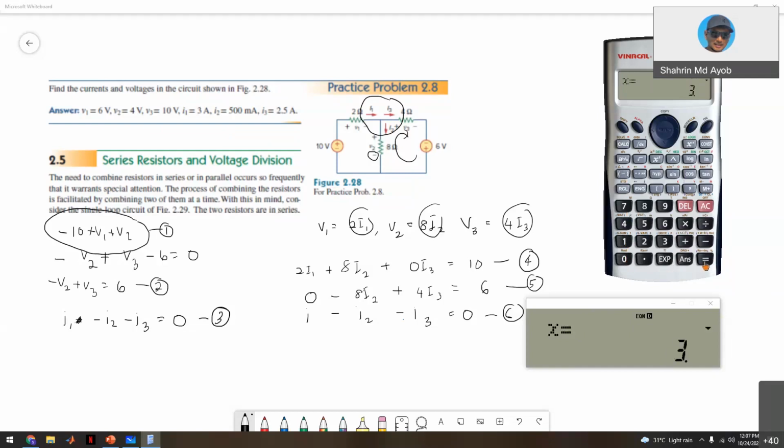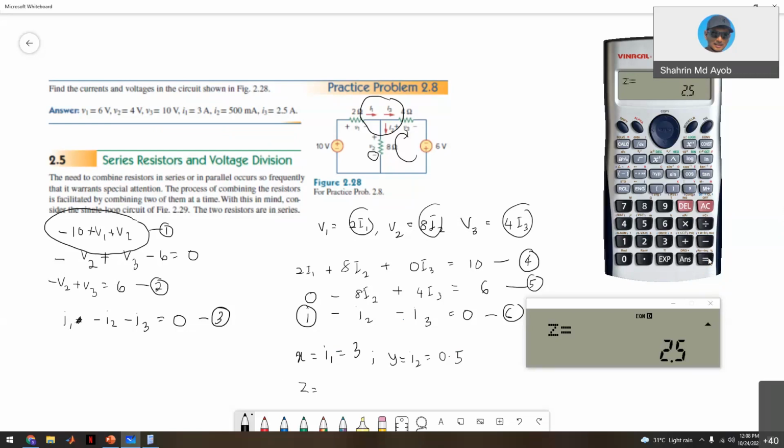Okay, so X is referring to the first element. I1 is 3. Your Y element, which is referring to I2, is 0.5, and your Z is referring to the element number 3, which is I3.